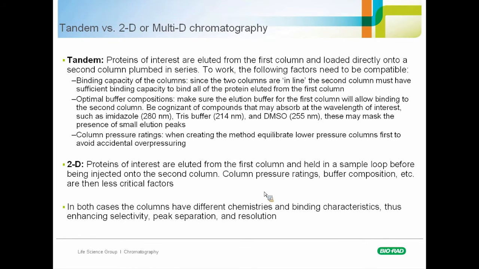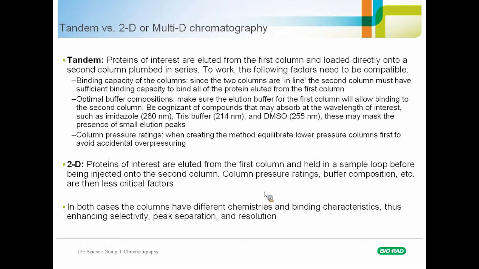And so with this slide, I just want to try and clarify the definitions we're using here, so we're all on the same page in the meanings that we're discussing. So we often hear people referring to tandem chromatography. We often hear people talking about two-dimensional chromatography or multidimensional or multi-D chromatography. And these terms are often used interchangeably, but they are different.